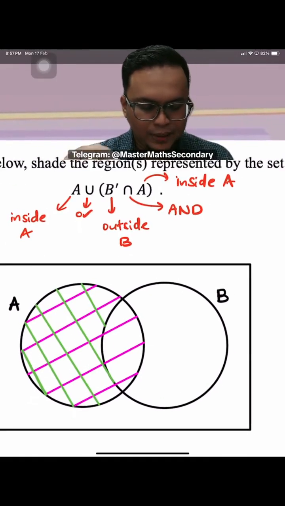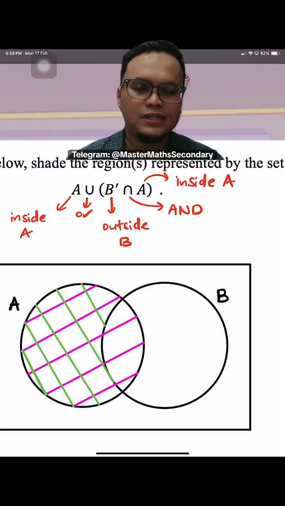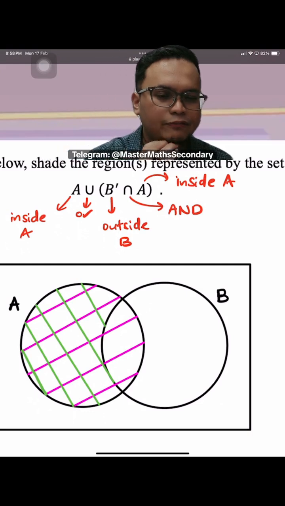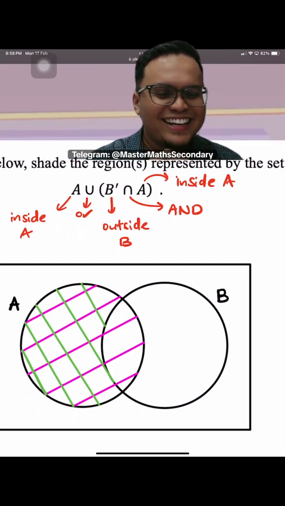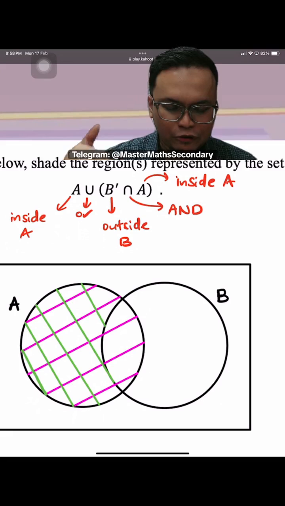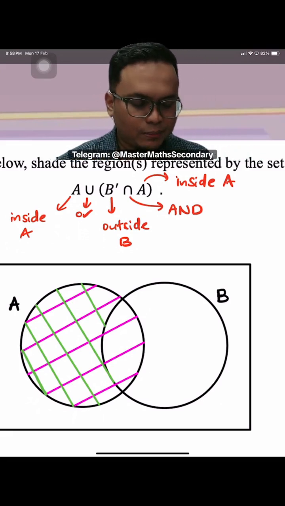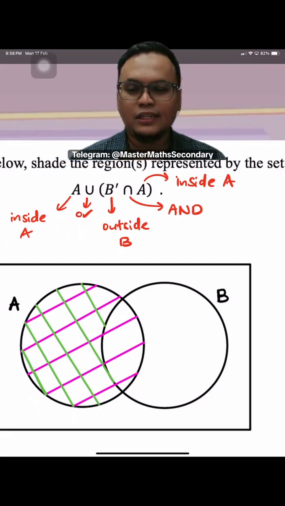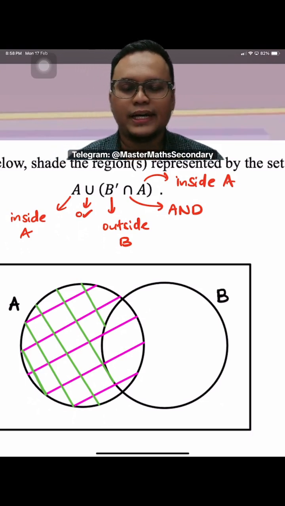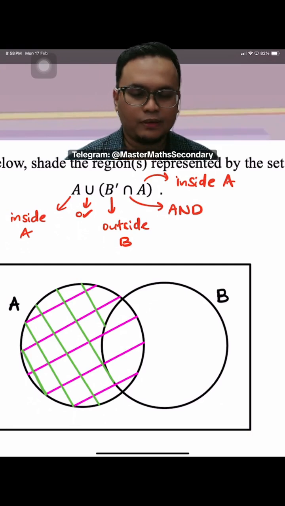The green part is outside of B and at the same time inside of A. Yellow and green, Panda Pao, I forgot which one it was, so I'm so sorry I can't answer your question. But you guys understand the green one corresponds with outside of B and inside of A. You realize there's an overlap, so you basically just end up shading region A only, because the green one overlaps with the pink one and there's no additional part to shade.